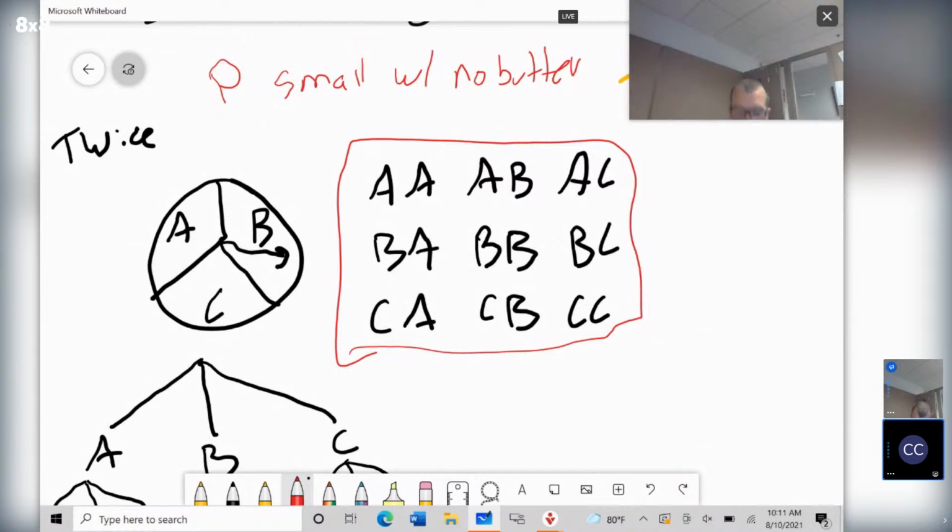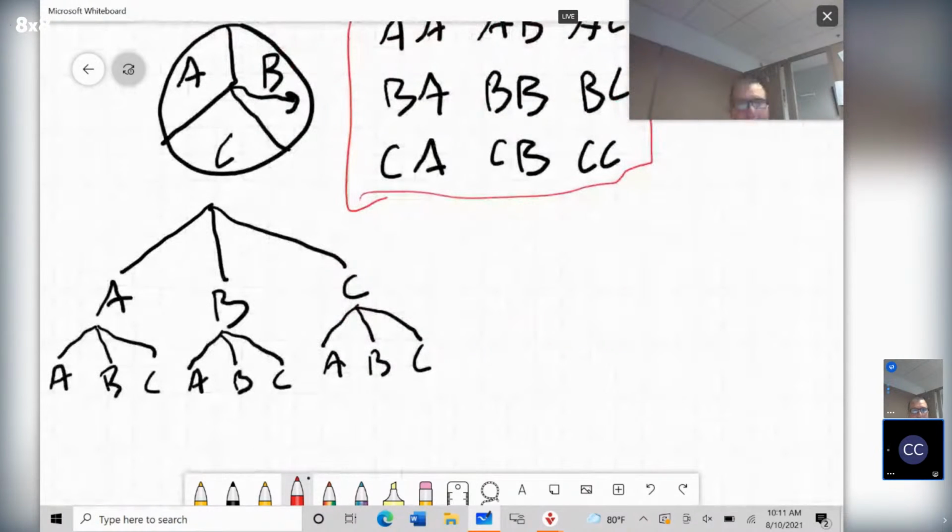So that's listing them, and down here, you're using a tree diagram of what could happen.